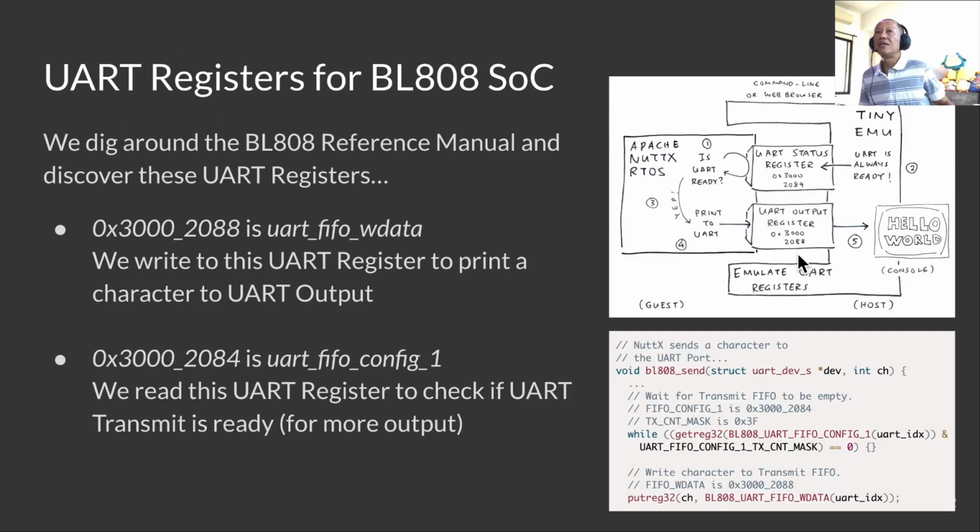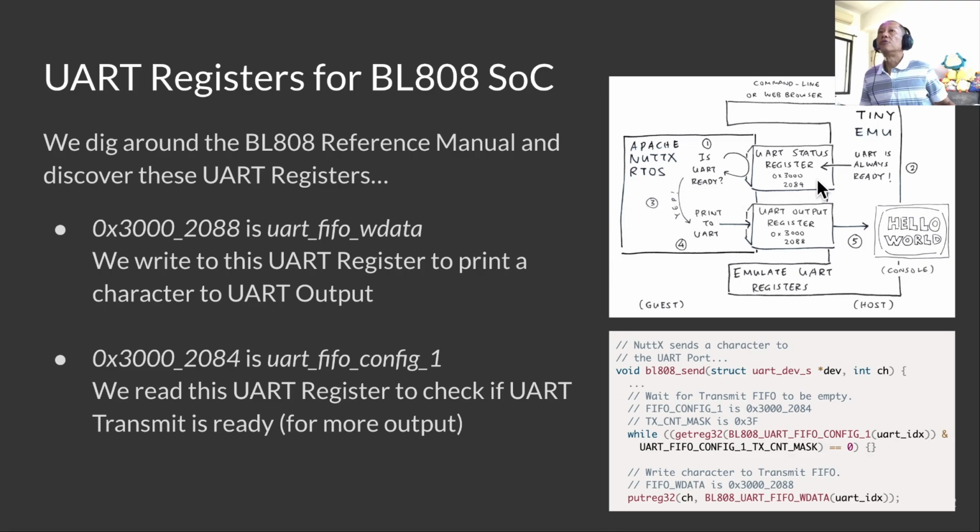Remember that TinyEMU supports Virtual I/O console. This won't work with the AUX64 SBC. TinyEMU needs to emulate the BL808 UART controller inside AUX64. We dig around the BL808 SoC and we discover these UART registers.